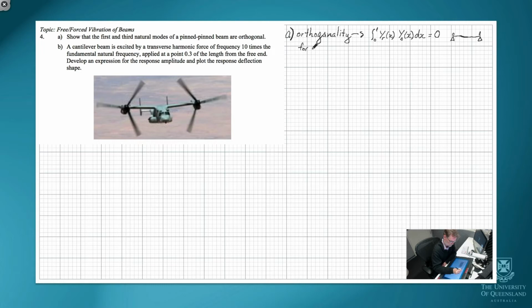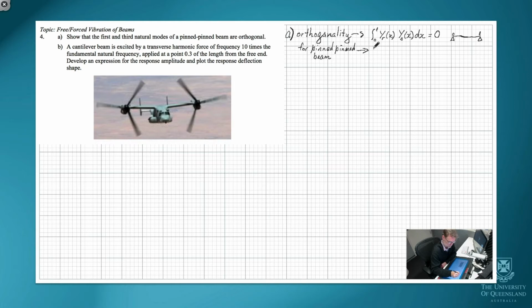So for a pin-pin beam, we've already evaluated the mode shapes in lectures.